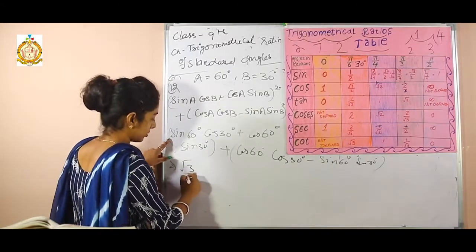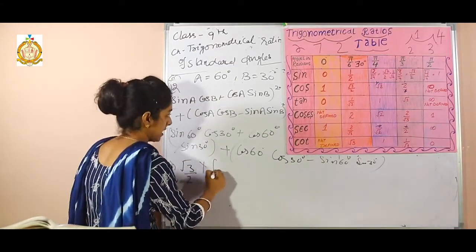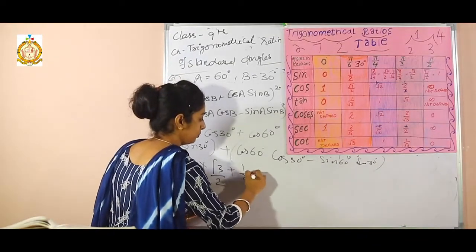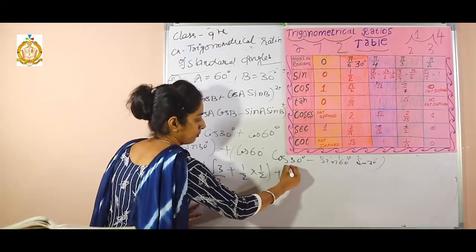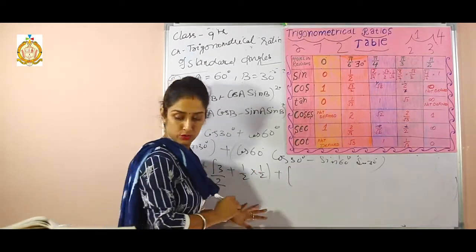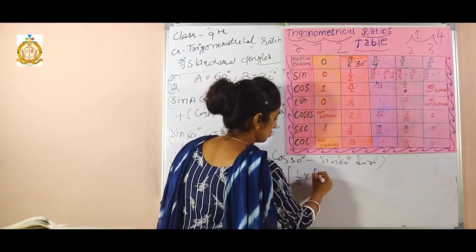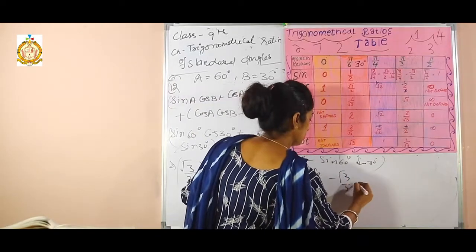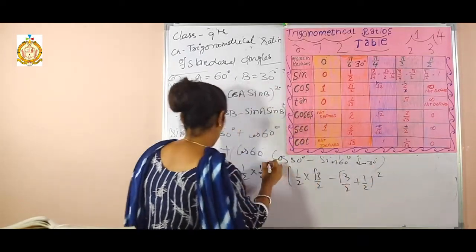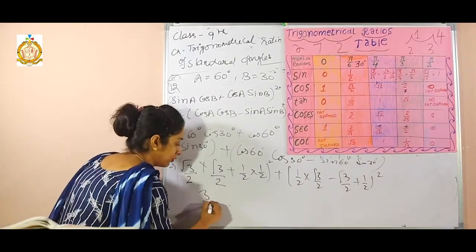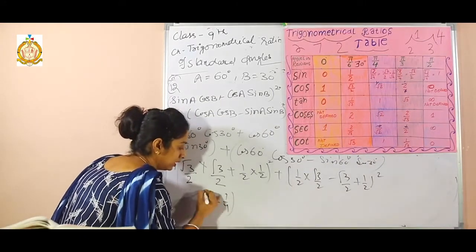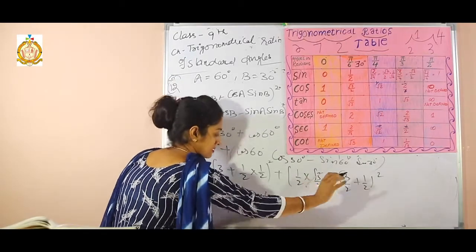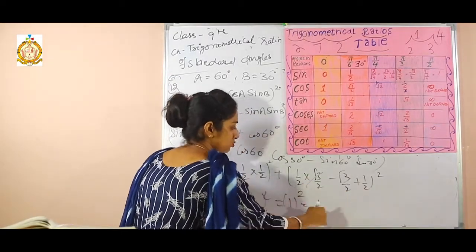Sin 60 is under root 3 by 2, times under root 3 by 2, plus 1 over 2 multiplied by 1 over 2, plus 1 over 2 times under root 3 by 2 minus under root 3 by 2 times 1 by 2, whole square. This is 3 by 4 plus 1 by 4, and this becomes 0 because this and this cancel. 1 square is equal to 1.